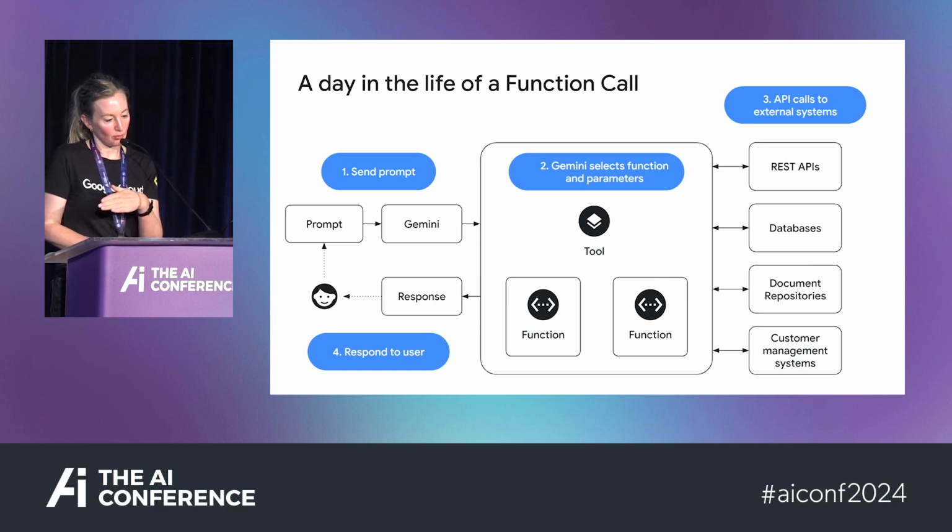That prompt is then going to the model. In this case, we're using Gemini in the example. The model is looking at it and basically deciding, can I answer this question with the base of knowledge that I have in my pre-training set, or do I need to use a function call to extract external information? It makes that decision without asking you, which is really the magic of these systems.